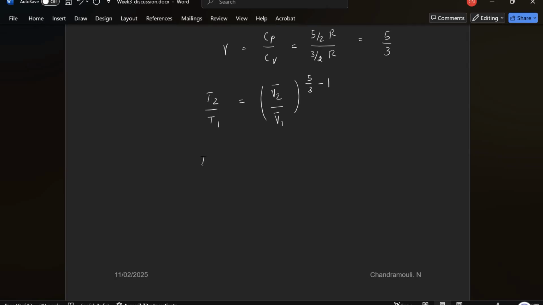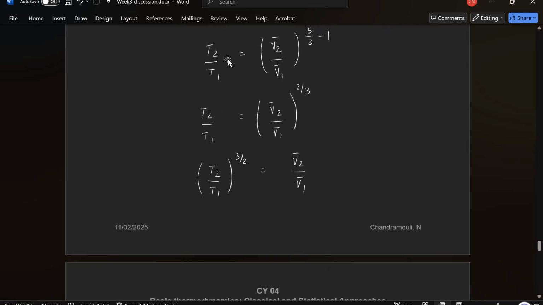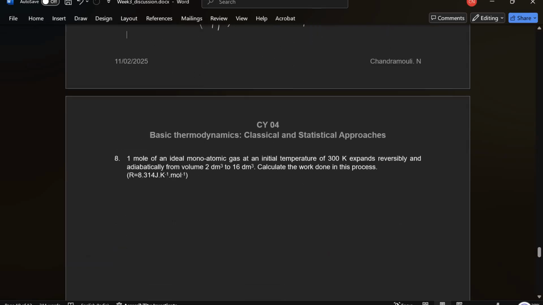So this T2 by T1 is equal to V1 bar by V2 bar to the power 2 by 3. Actually, this is quite simple. We can also write it the other way around: if you want the bar to be somewhere over here, it's going to be 3 by 2. So whichever way you prefer, we can do that. So this is for a monatomic ideal gas.